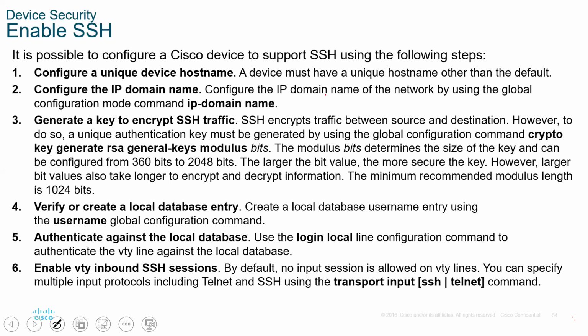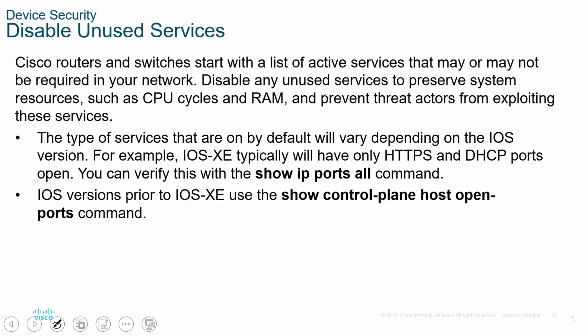Another way is enabling SSH. SSH is Secure Shell, and you use it when you want to access a particular file or resource securely and remotely. So it is possible to configure SSH on your devices, right?